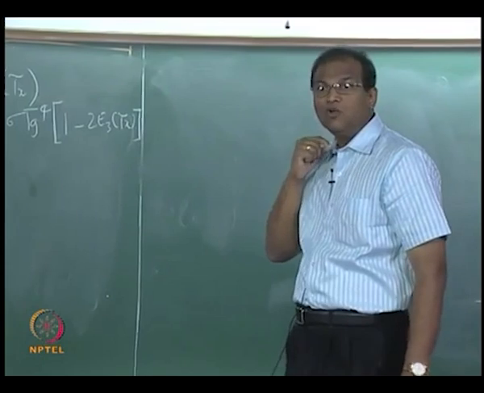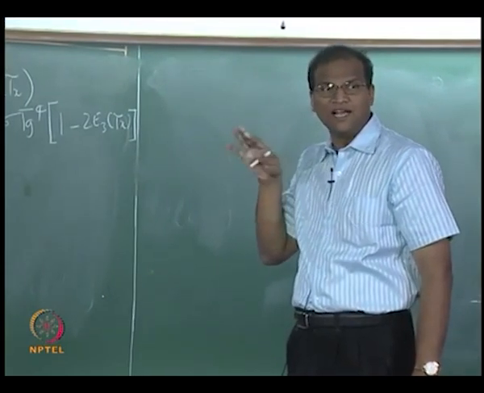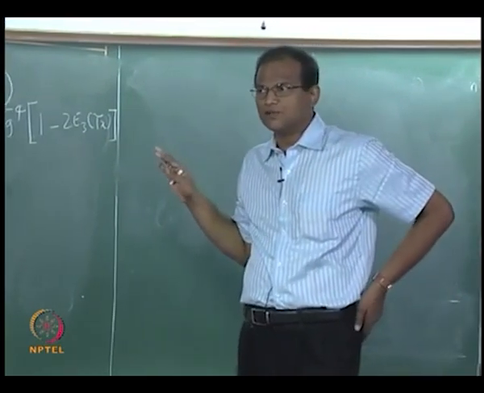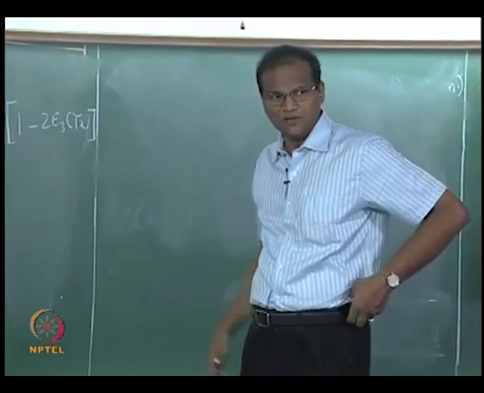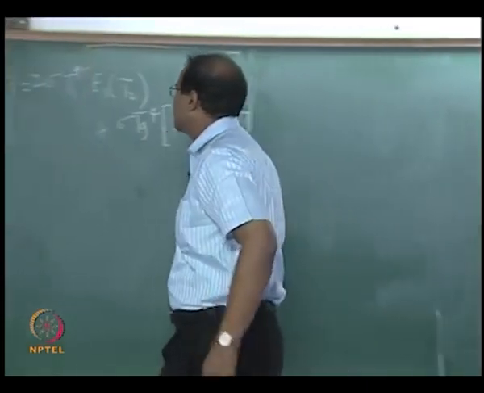Towards the end we will say that it is optically thin gas and then use the small tau approximation. Now we will give the general solution. Now what is the Qx?